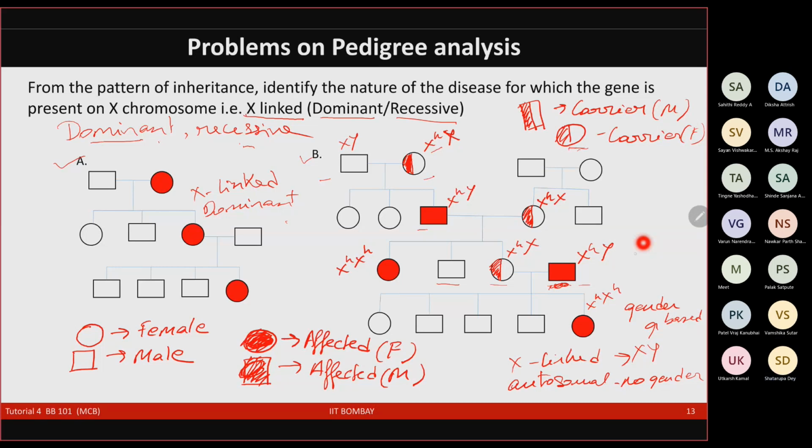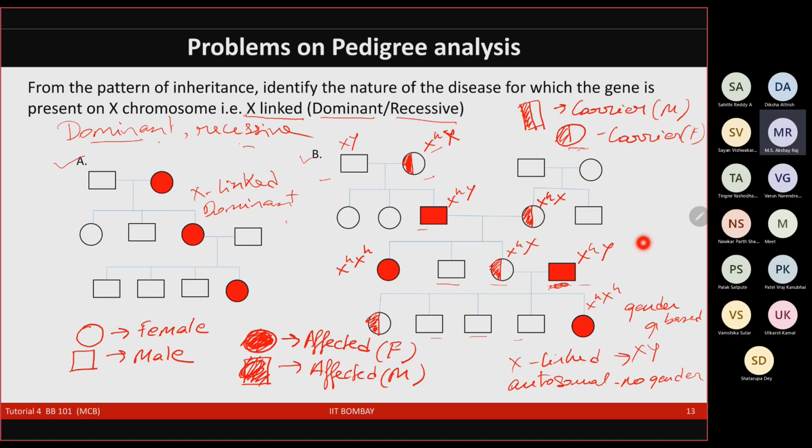Just by luck, none of their sons has the disease, but in 50% of the cases, they could have had the disease, and in 50% of the cases, they may not have had the disease. But again, all of their daughters will either be carriers or they will have the disease, which means that this daughter again is a carrier. So, did everybody get this?